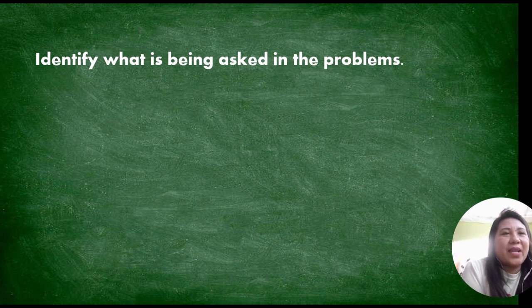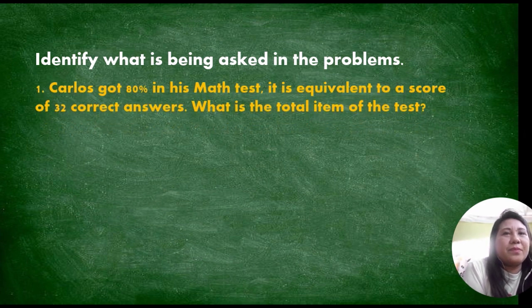Let's have another try. Identify what is being asked in the problems. Carlos got 80% in his math test. It is equivalent to a score of 32 correct answers. What is the total number of items of the test?